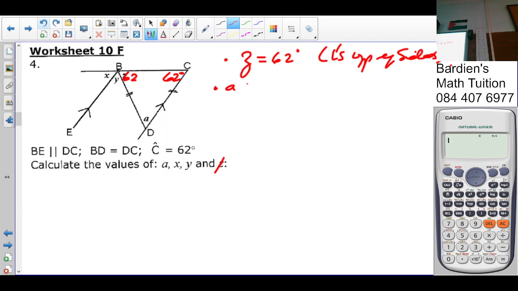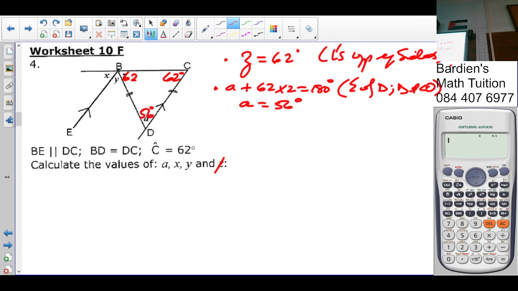So A plus 62 times 2 is equal to 180. Why? Sum of triangles, and that is triangle BCD. Okay? So angle A works out to be 56. Is that correct? Right, so that's 56 degrees.